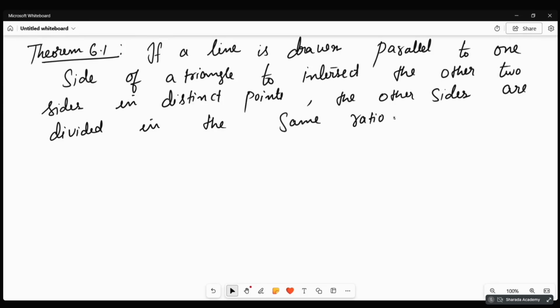So if a line is drawn parallel to one side of the triangle to intersect the other two sides in distinct points, the other two sides are divided in the same ratio. Okay, write down.